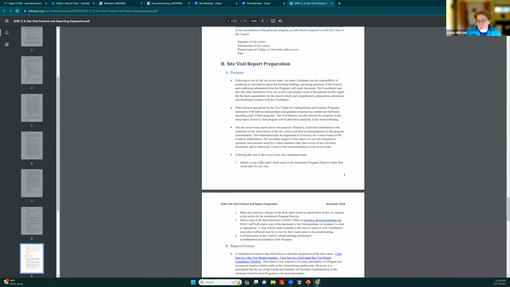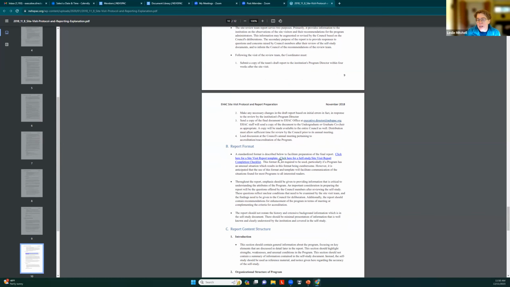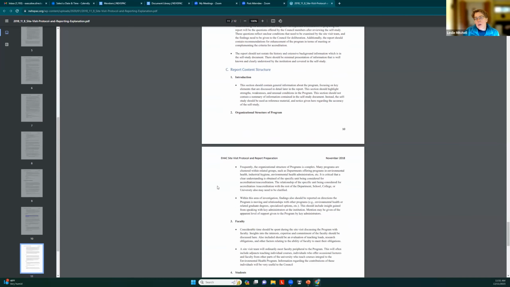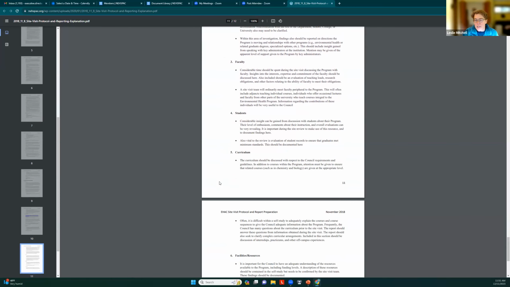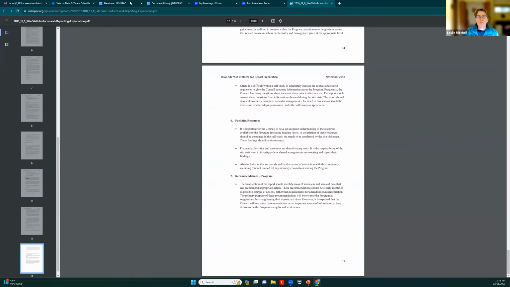Then they'll get comments from the program director and incorporate those into the final document. There's a template for that, and templates for all the things that you need to turn in. This is how you can structure your report. So we tried to lay things out for you and make it as easy as possible.